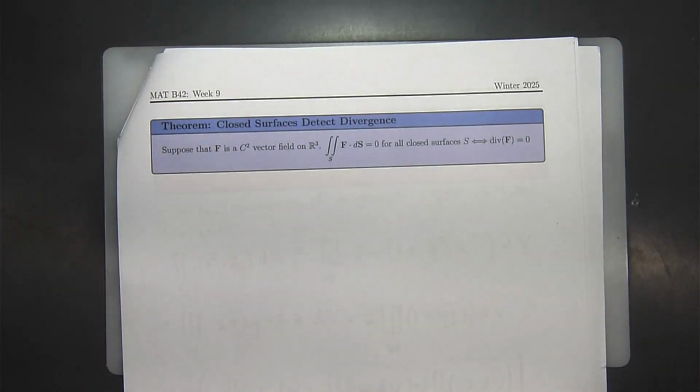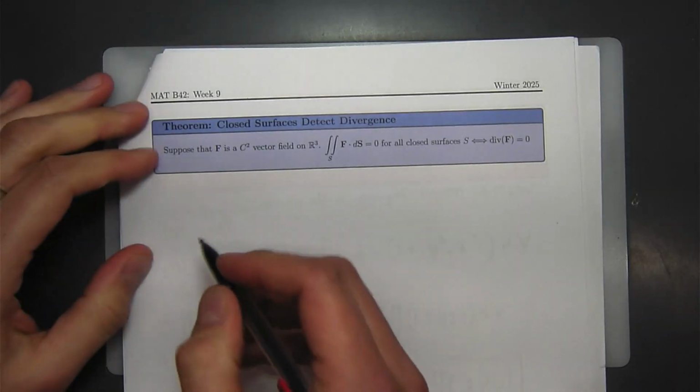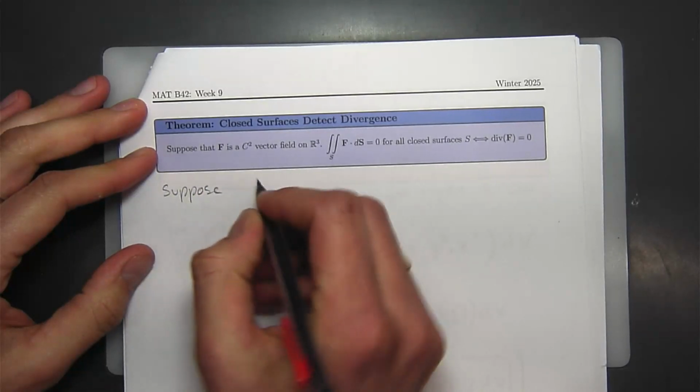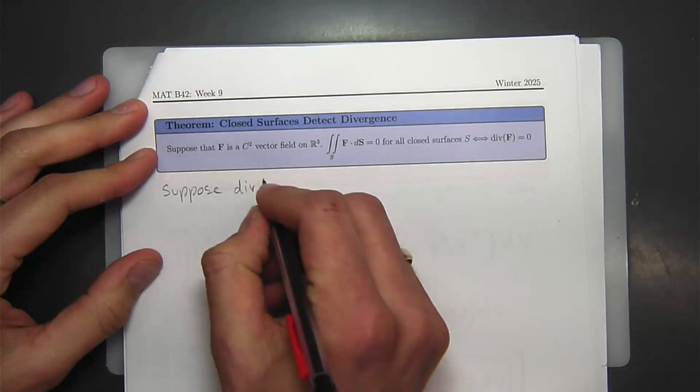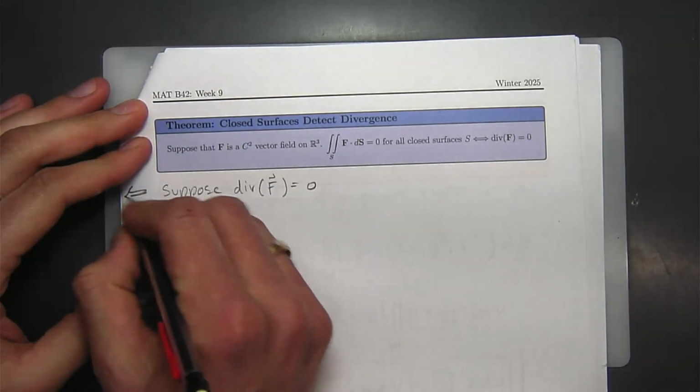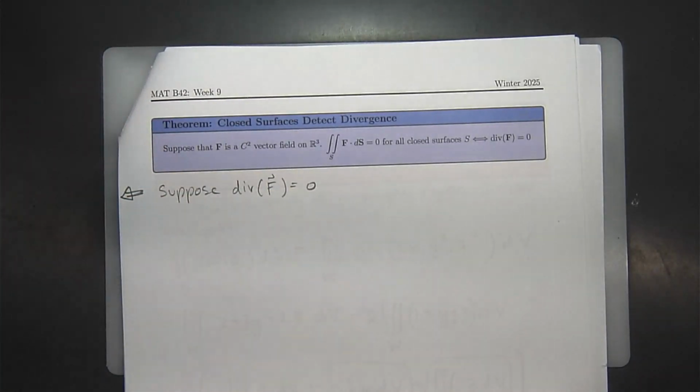We'll use Gauss to classify those vector fields that have zero divergence. So suppose that we're divergence free.